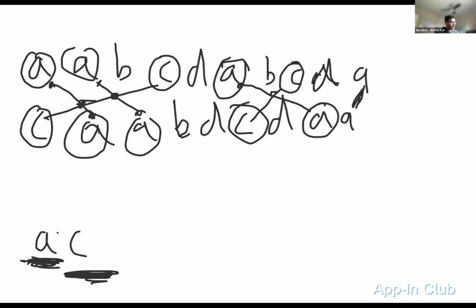Even if there's just one intersection, that means these strings are not equal. Essentially, the corresponding positions of the letters are not equal in both of the strings.